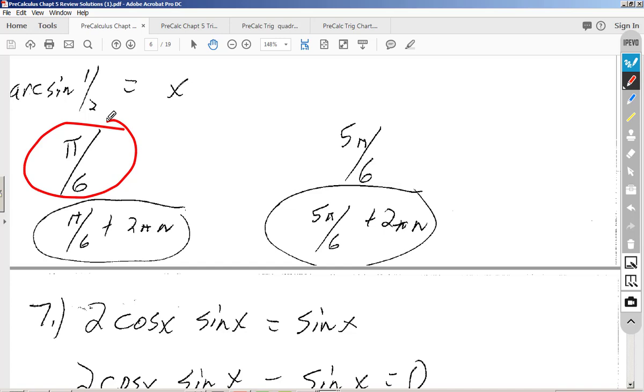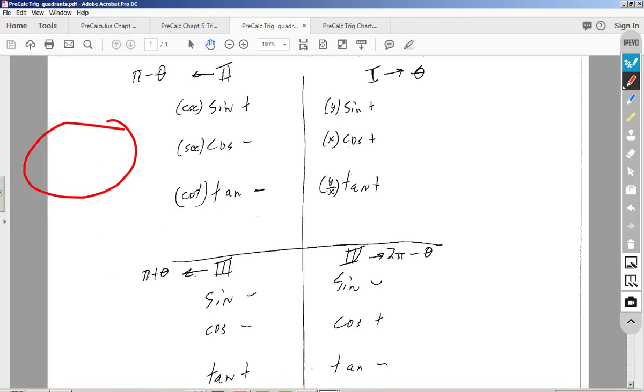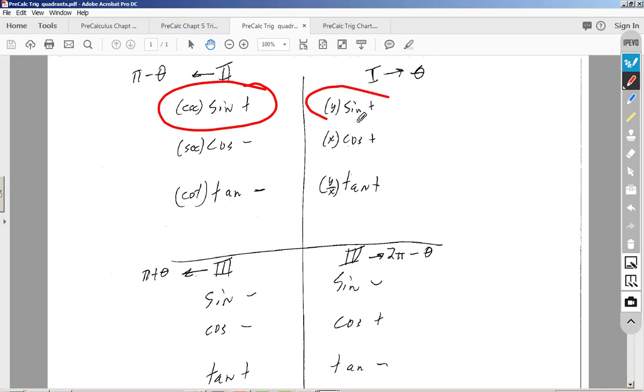Now remember, that's not the only place that the arc sine is equal to 1/2. Because if you look at your other quadrant chart, you're going to notice that sine is also positive in the second quadrant. So I need both the first quadrant answer, which is what I got, which was pi over 6. But now I need a second quadrant answer. So this is my guide.